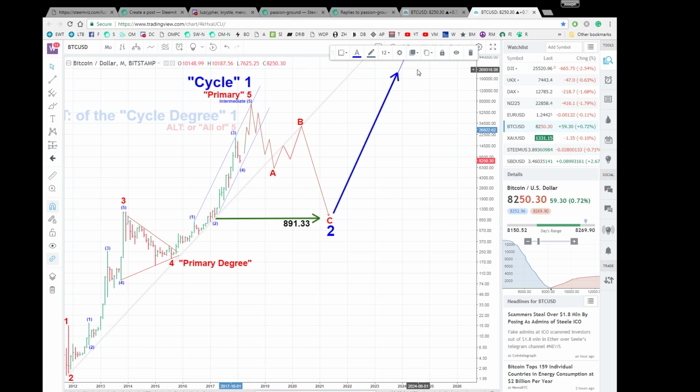So we're already up at the 190,000, 280,000 level over here, and it could even go way, way higher than that. That's in the third wave of cycle degree, which would require 5 waves of additional advance at the primary degree all over again, basically repeating the cycle. It's repetitive fractals at varying degrees of trend.